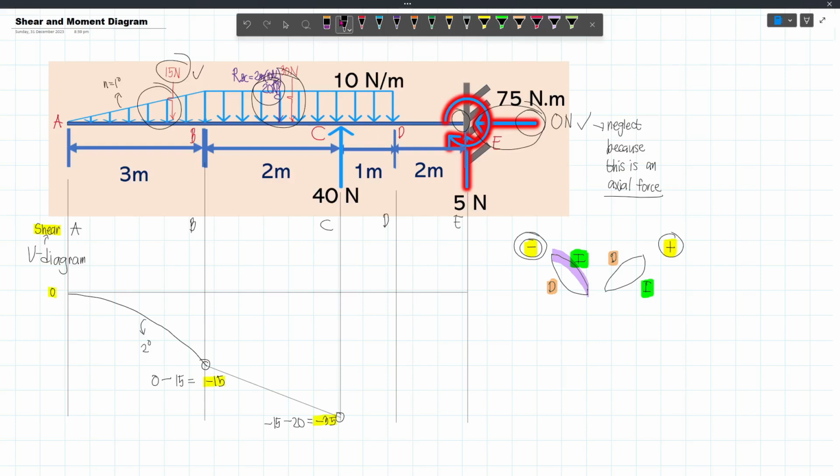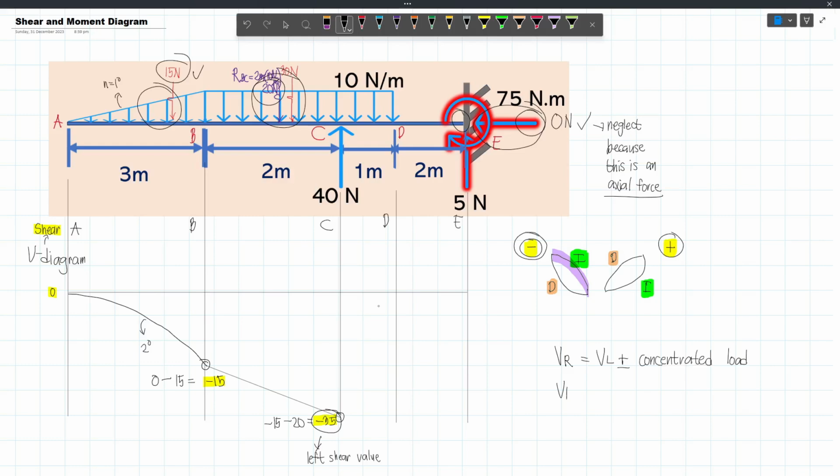Now, as discussed, if we have a concentrated load at a point, we have left and right shear values. This negative 35 is the left shear value. But since we have a concentrated load, we also have a right shear value. The right shear value is equal to the shear at the left plus the concentrated load. Plus or minus, actually, depending on the direction.